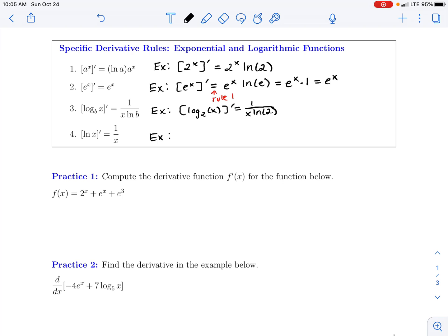The derivative of the natural log of x is just 1 over x, and that comes from rule 3. The derivative of ln of x is equal to 1 over x times ln of e, because our base, remember, is e. But ln of e is just 1, so this is 1 over x.